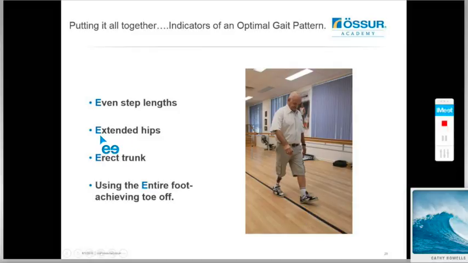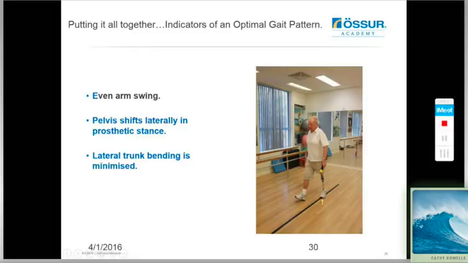We have extended hips, an erect trunk, and we're using the entire foot and achieving a good toe-off position, especially important for the use of flex feet to harness our energy return, and also for the above-knee amputee to achieve a really good end-of-stance toe-off position to disengage their knee joint prior to swing phase.